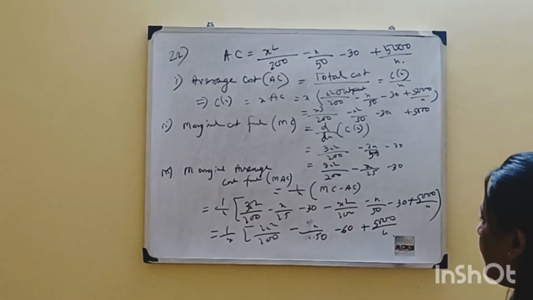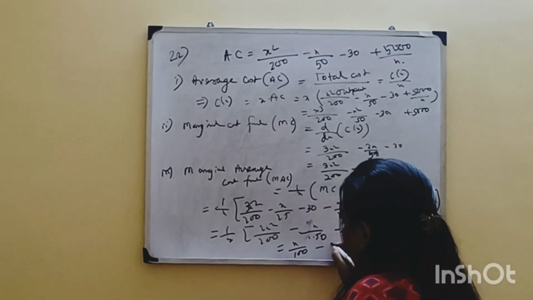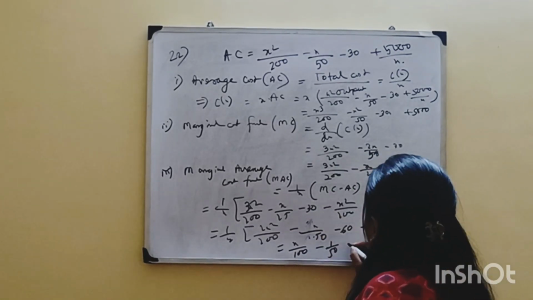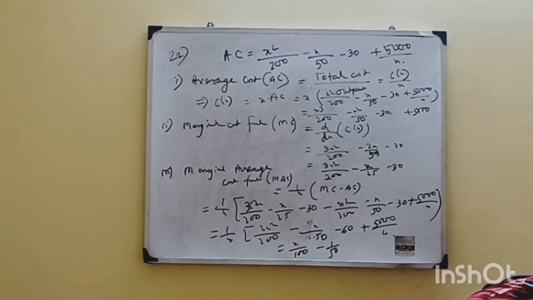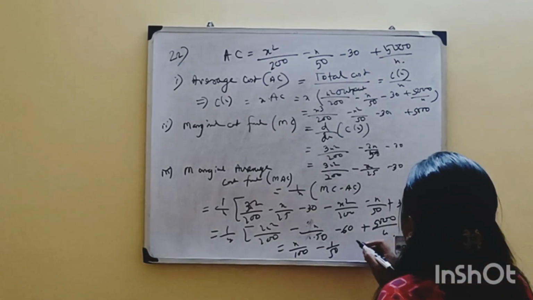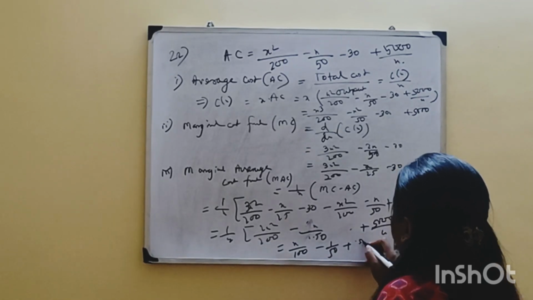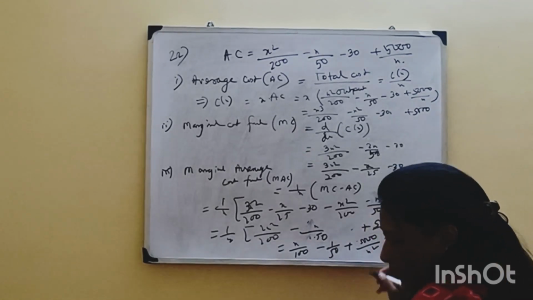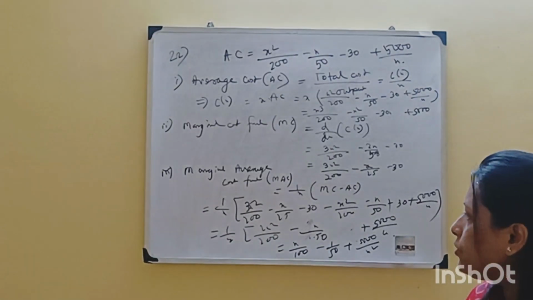So it should be x by 100 minus 1 by 50. Minus 30 cancelled, plus 5,000 by x squared. So this is MAC, the marginal average cost function.